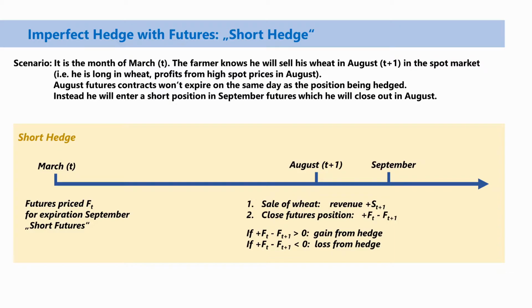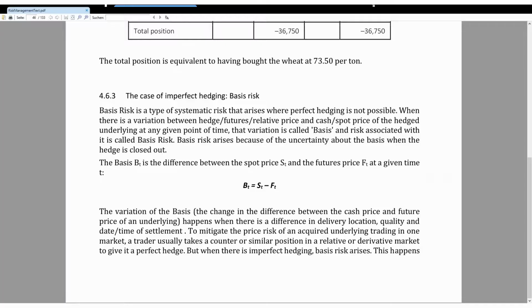So either he will win or lose when closing out the futures position. Remember that the price S_{t+1}, the spot price of the wheat in this case, is a revenue. This guy is selling his wheat, so the price S_{t+1} for him is a revenue.